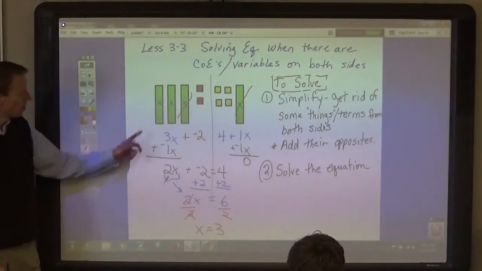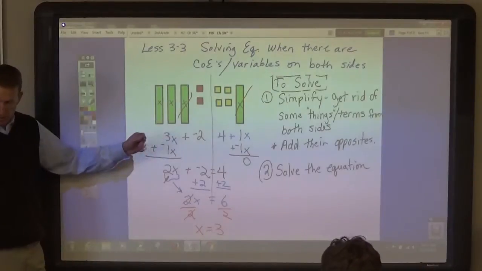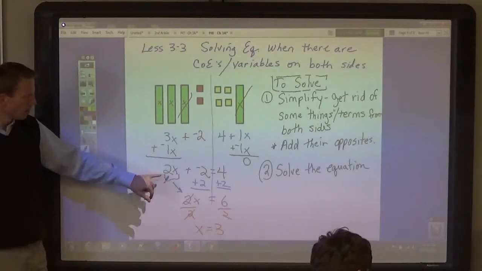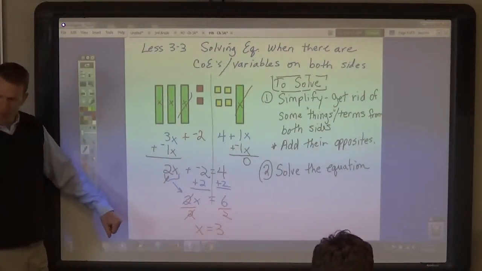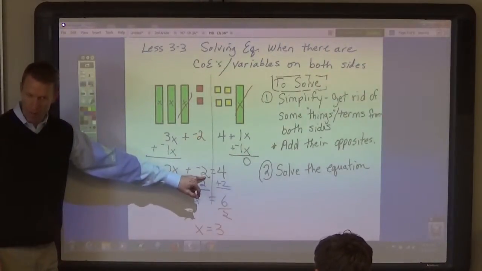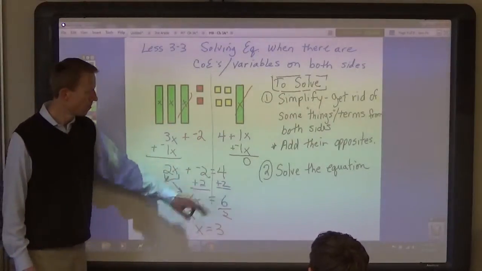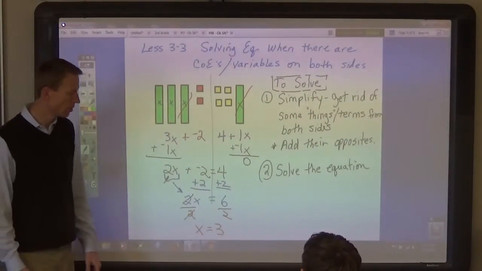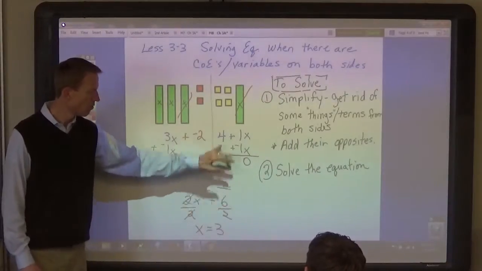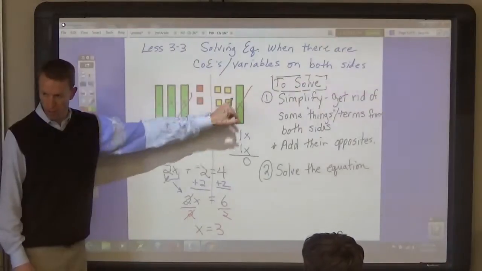So we still have 2x, plus that -2. What do we have on the right side? 4 plus 2. Just 4 left. Oh, we got rid of the x. We just have 4 left.